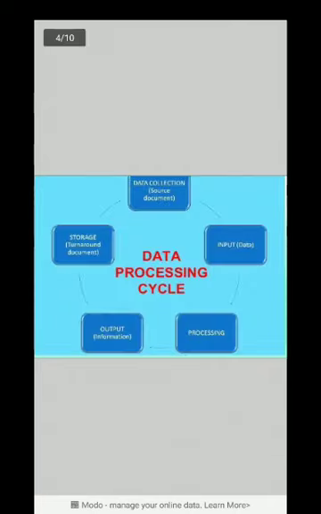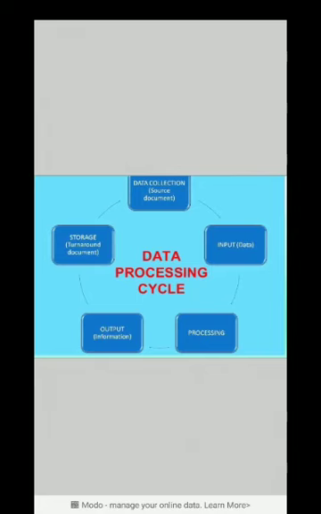Next is the data processing cycle. To understand this, first we collect the data, then we input the data to the computer through input devices, and the computer processes the data. As we have seen how we have processed the data, similarly the computer processes the data and then outputs the data in the required form.